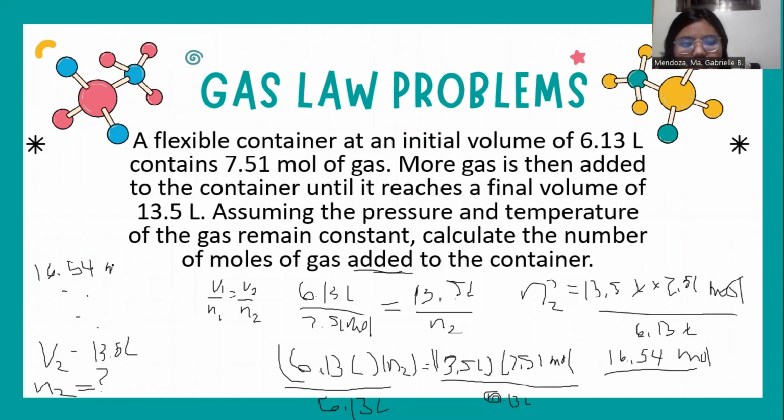Ngayon kasi, kailangan nating alamin kung gaano karami yung idinagdag. So, therefore, yung N1, kailangan natin siyang isubtract sa N2. So, since ang N2 natin is 16.54 moles, minus 7.51 mole.